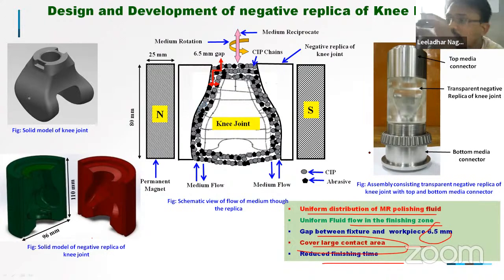So once we are talking about the development of the product and the process, ultimately we are talking about reducing the time, and once we have reduced the time, definitely it will give the advantage of cost effectiveness. We can say yes, we have reduced the final cost of the products.